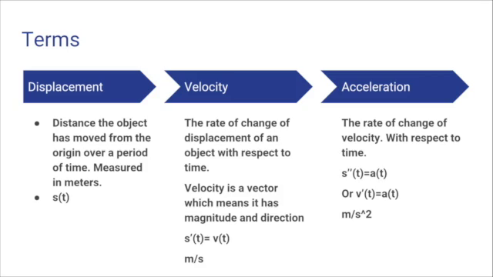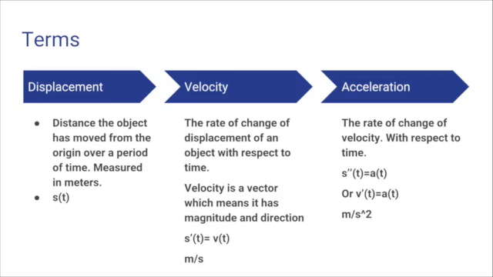The equation we use to show velocity is v(t), which is just the first derivative of s(t). We know this because in other lessons we've learned that the first derivative helps us figure out the instantaneous rate of change of a function.